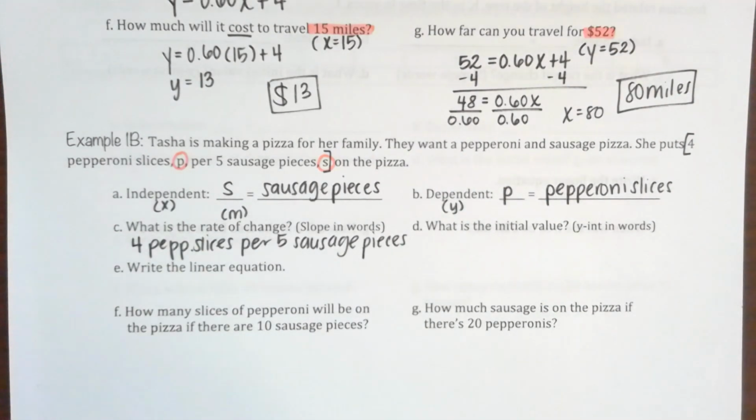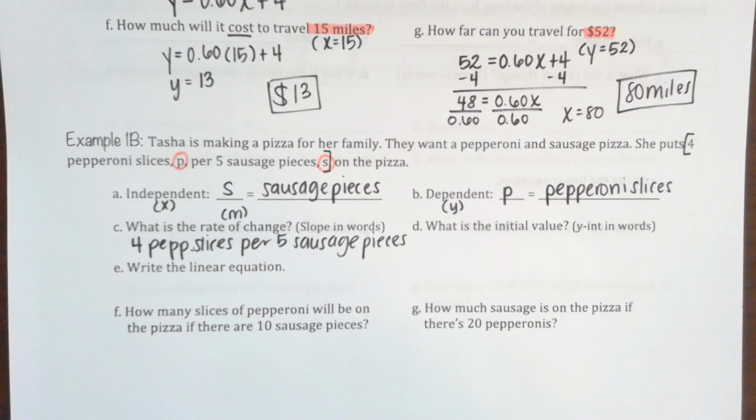What are we making? Pizza. How does your pizza typically start out? Is there any toppings? So, did they have to tell you what the initial value was, or should you already know based on common sense? So, how many pepperonis started off on the pizza? 0, because you have to put them on yourself.